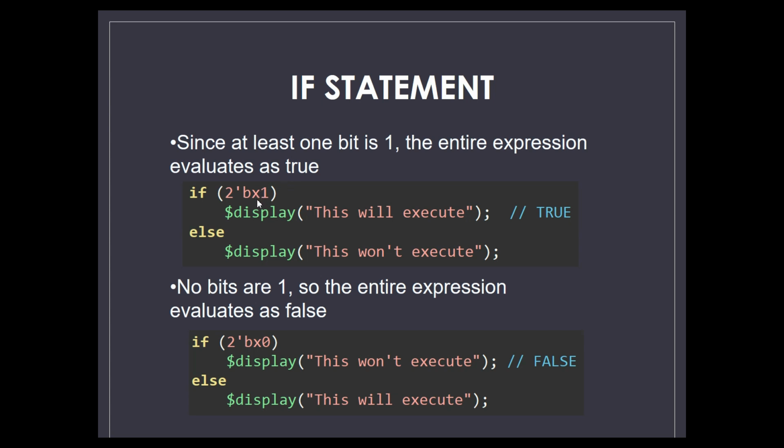Even though we have an unknown x, this condition will be evaluated as true, and this will be executed, and the else part won't be executed. In the other case, no bits are 1, so the entire expression evaluates as false, as here we have x and 0. Since no bits are 1, the else part will be executed.